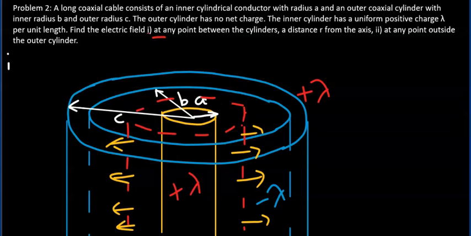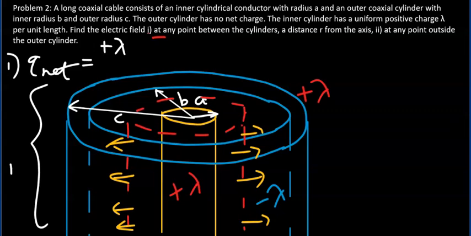So for part 1, the net charge enclosed by that Gaussian surface is given by the positive charge per unit length times the total length of that cylinder, which let's take to be capital L. The flux through this curved surface is quite simply the electric field at that point times the area of that curved surface.